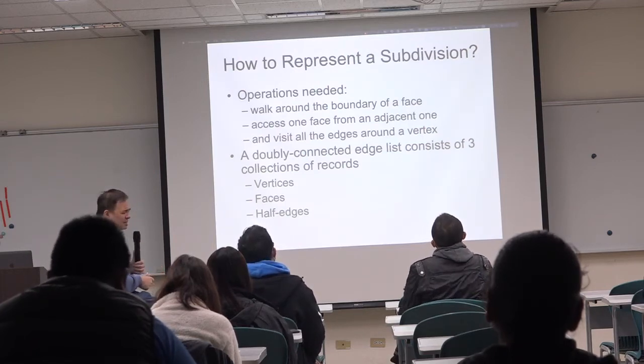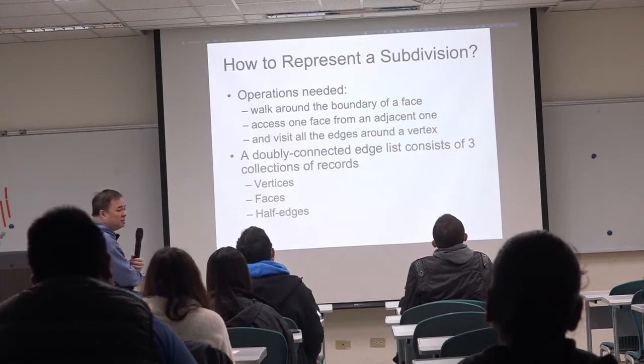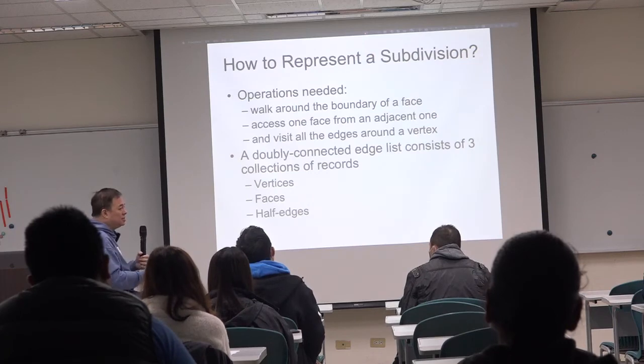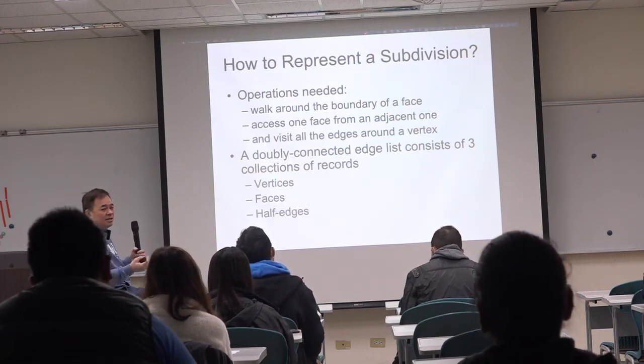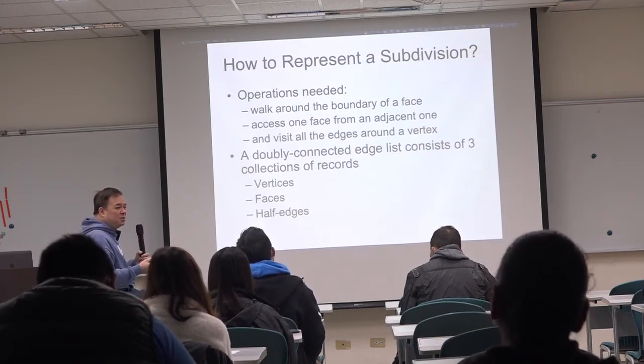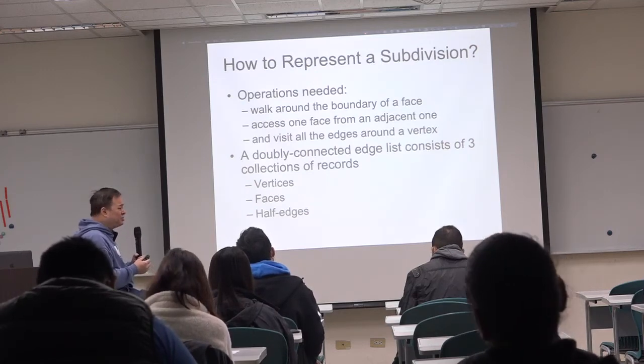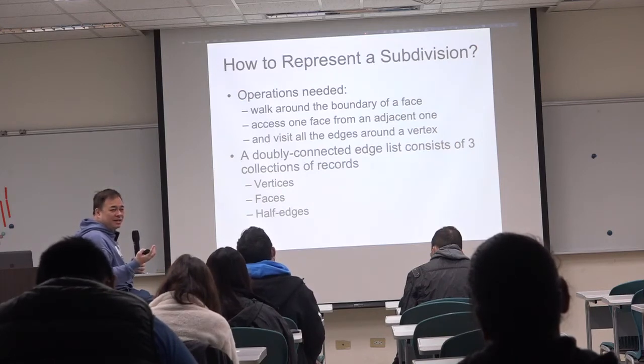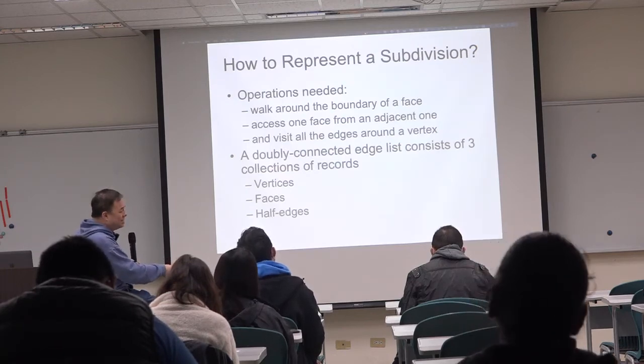So what is a doubly connected edge list? This name looks scary, right? I believe by now you have never heard of any data structure that consists of four words.